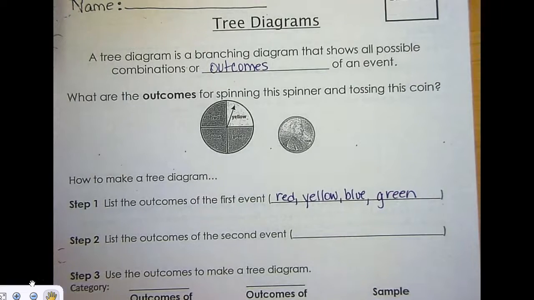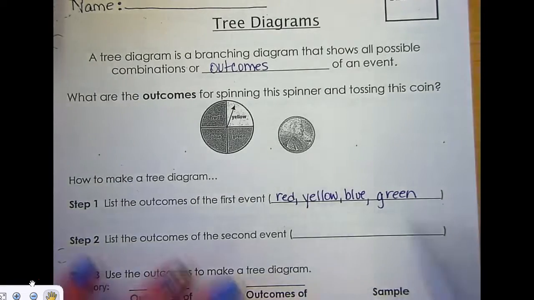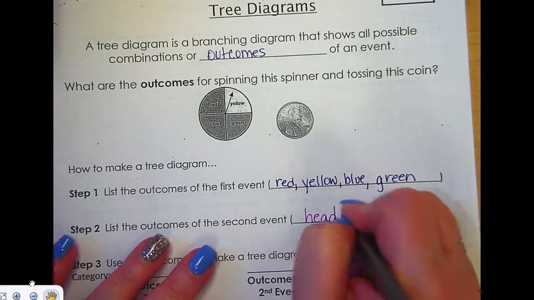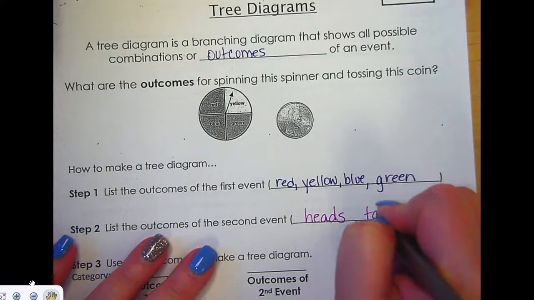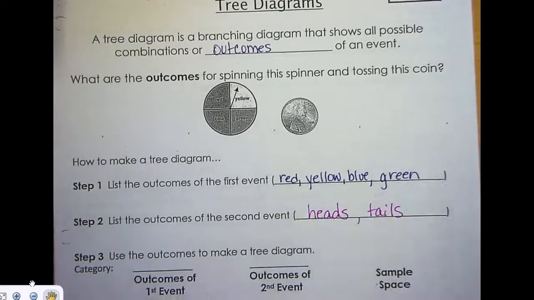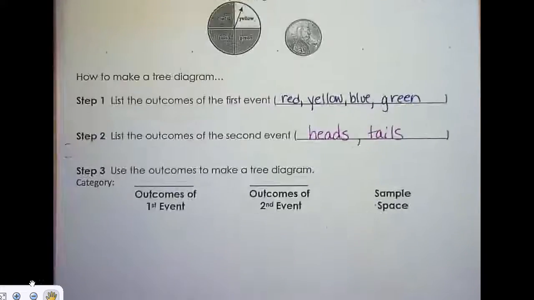List the outcomes for the second event. So the outcomes are heads or tails. So we're going to use these outcomes to make a tree diagram, okay?